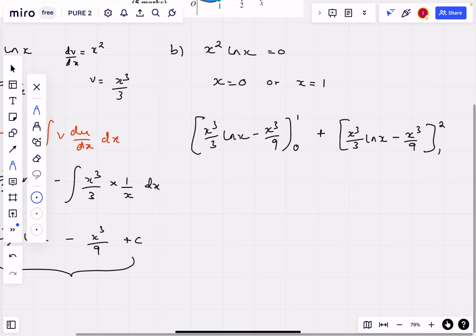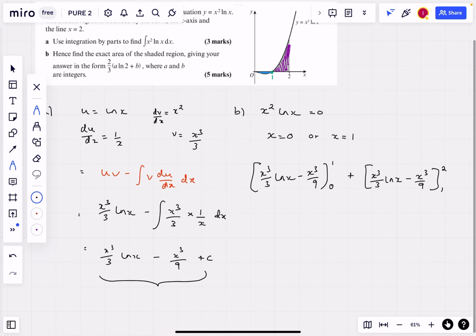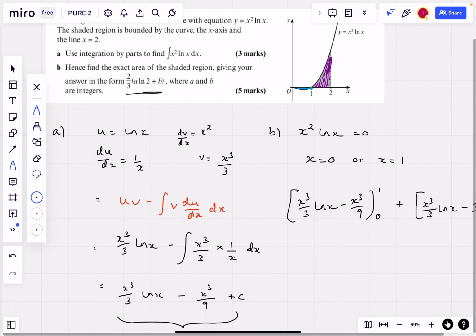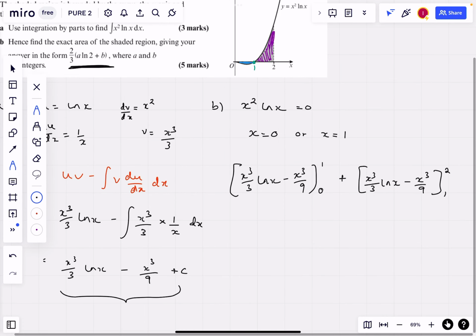So you're going to do 0 and 1, and then 1 and 2. Okay? Can you do that for me, please? And I want you to keep your answer in terms of ln, because that's what they're asking for here.